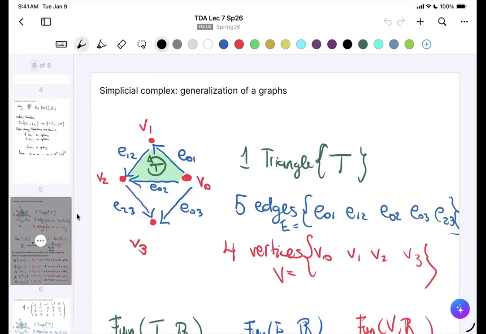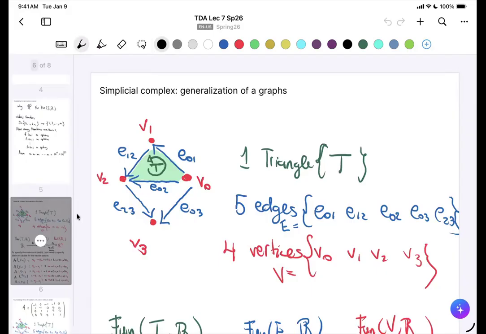But for now, you can just think about it as a generalization of a graph. What is a graph? It's something which has nodes or vertices, and edges. So a simplicial complex, in addition to that, is allowed to have something of higher dimension.